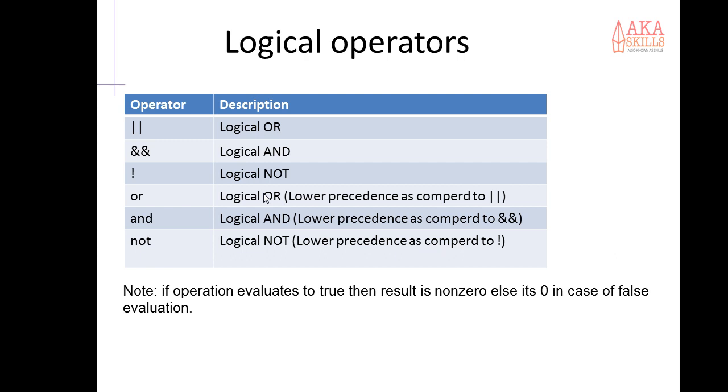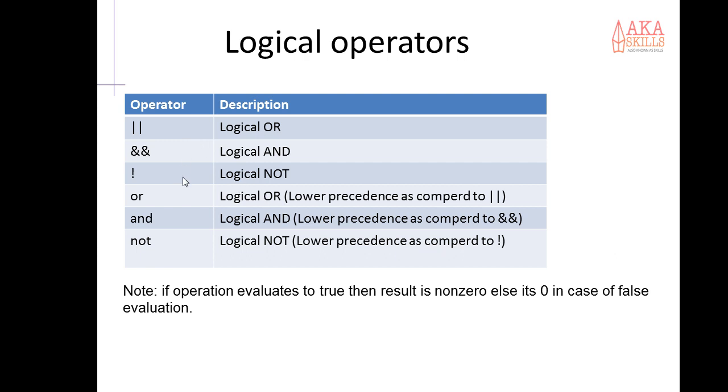So there are three types of logical operators: AND, OR, and NOT. OR means either of the conditions should evaluate to true, and AND means both the conditions should evaluate to true. A logical NOT is, for example, if $a is 0, then not $a will evaluate to true. If $a is some value and I have a not sign in front of it, then that particular condition will evaluate accordingly.